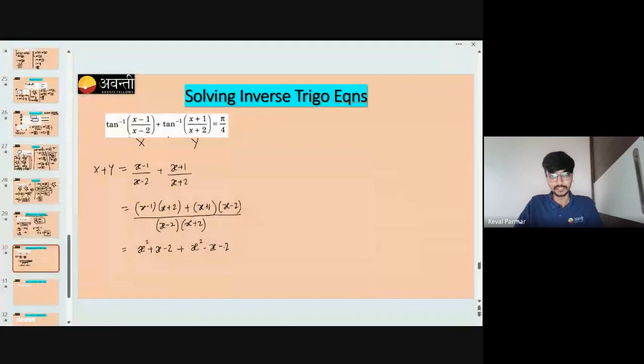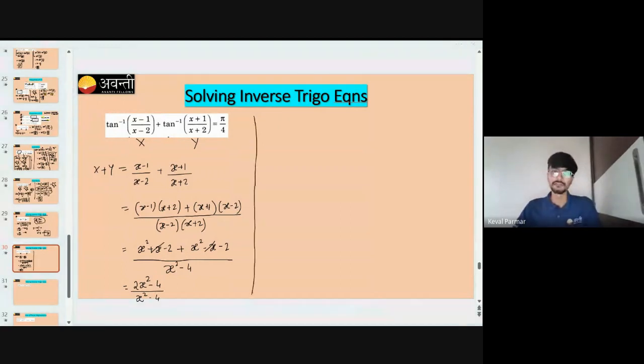Upon this we have a plus b into a minus b, which is a square minus b square. So plus x minus x cancelled. So on top we will get x square plus x square, which is 2x square, and minus 2 minus 2 is minus 4, upon x square minus 4. So this is the value of x plus y. Now, what is the value of x into y?